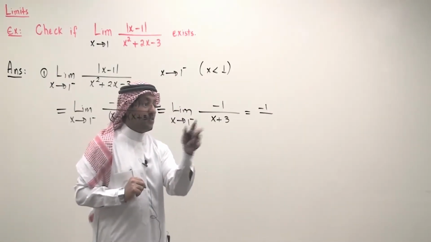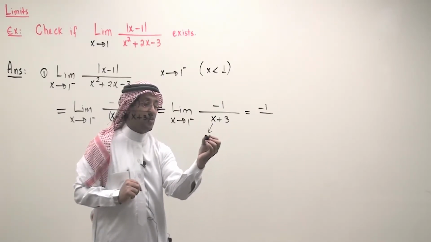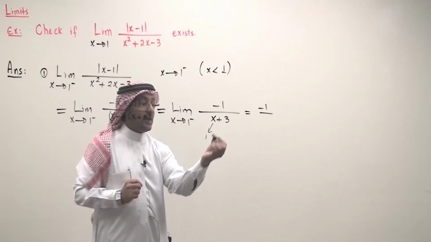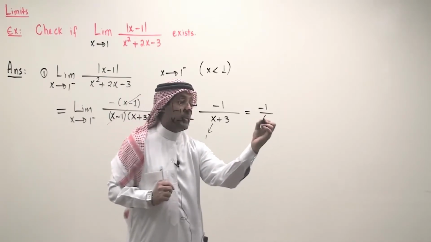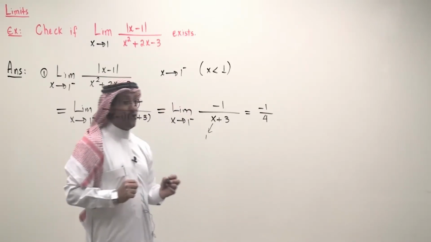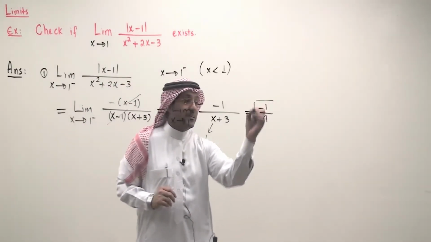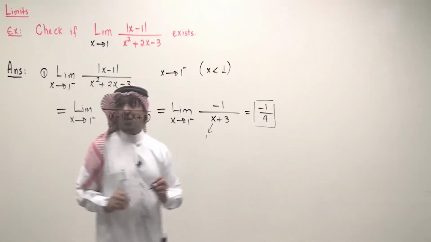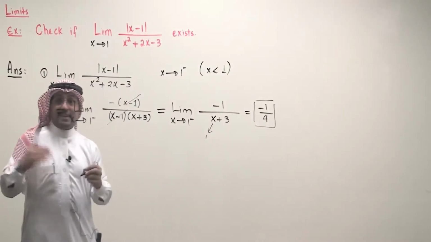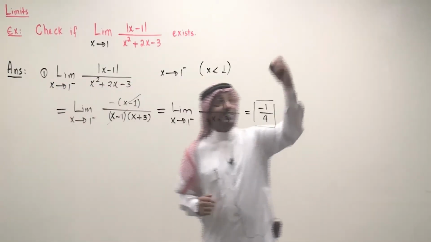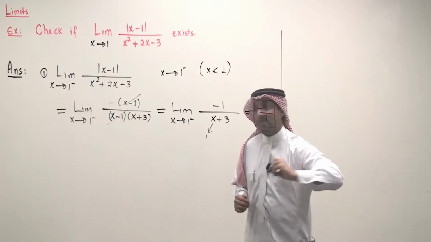X goes to 1 from the left side, so this gets closer and closer to 1, and this is 3, so it will be negative 1 over 4. So this is the first limit. The first limit is negative 1 over 4. We need now to calculate the second limit and see if it is equal to this or not.